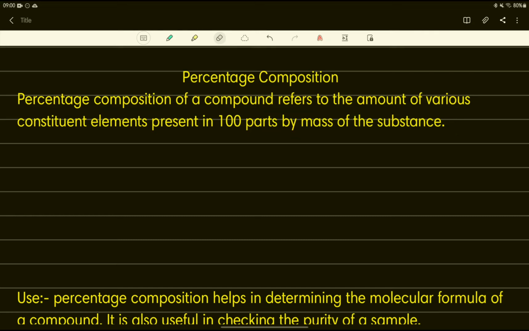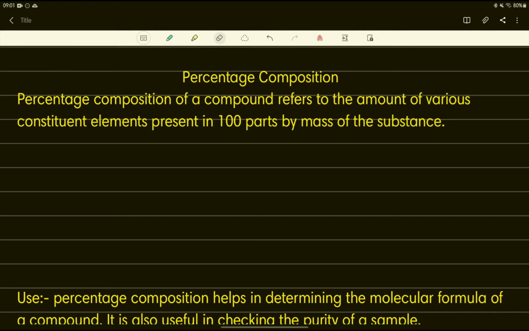Welcome back. So today I'm going to talk about percentage composition. As you can see in the definition, it refers to the amount of various constituent elements present in 100 parts by mass of the substance.